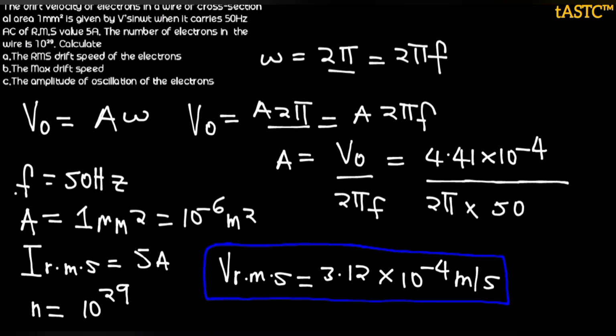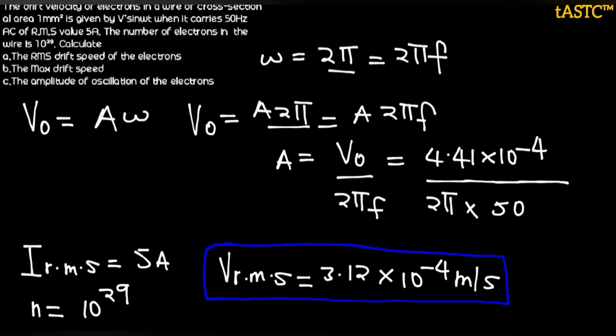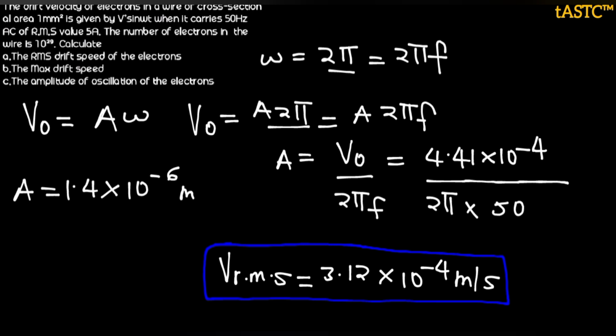The answer here is 1.4. So the amplitude is 1.4 multiplied by 10 to the negative 6 meters. Now 10 to the negative 6 is the same thing as a micro, so I could rewrite this as 1.4 micrometer.